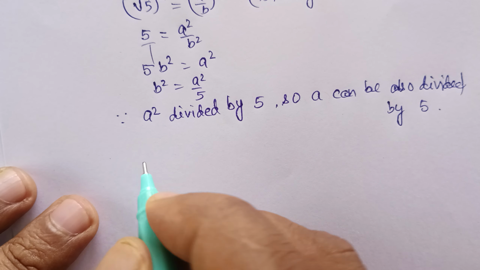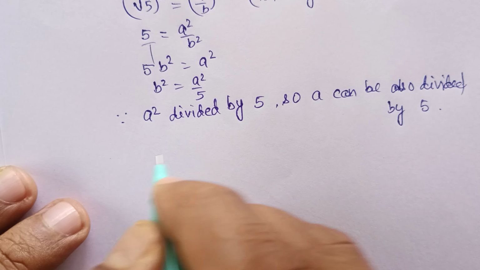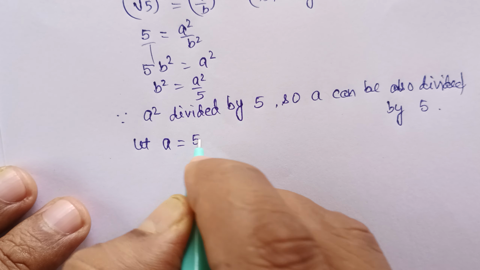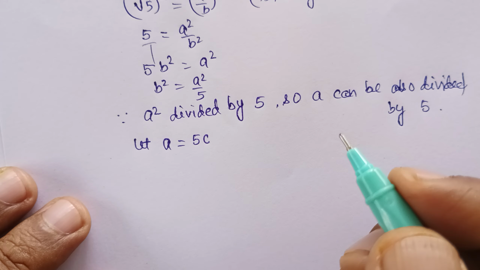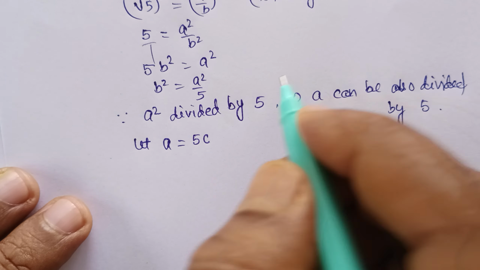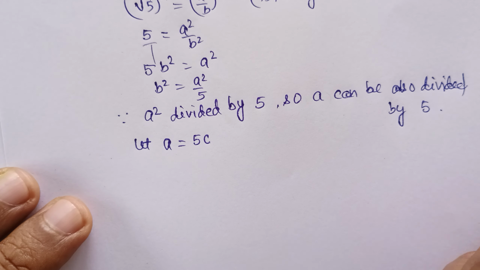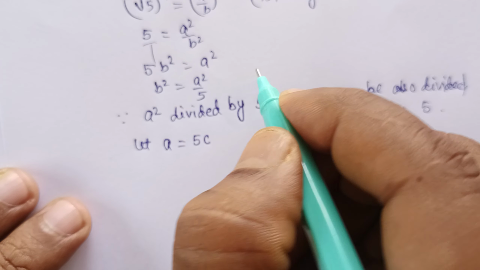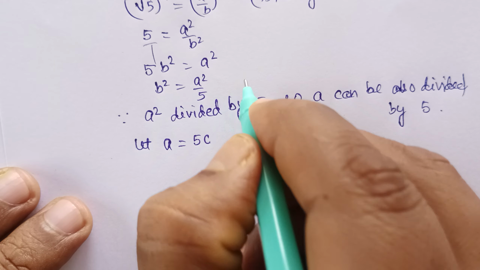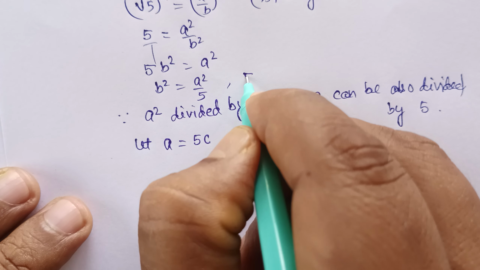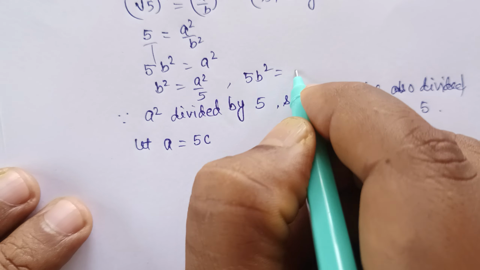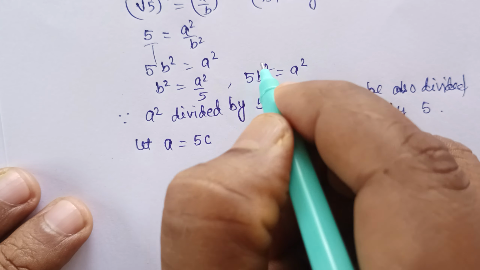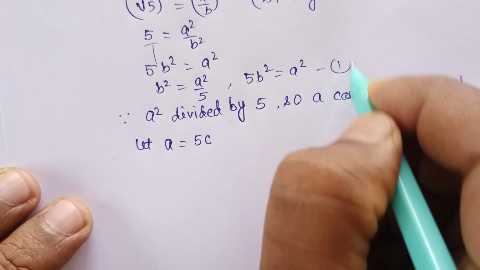Now let a be equal to 5c. We made this equation first: 5b square is equal to a square. Yes, that is equation 1, we already made it.